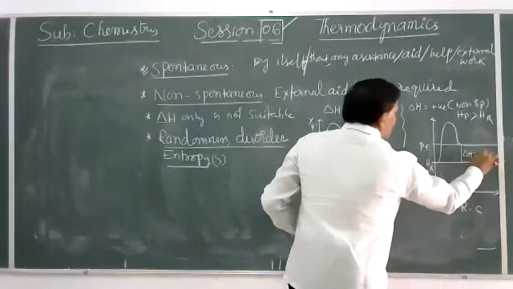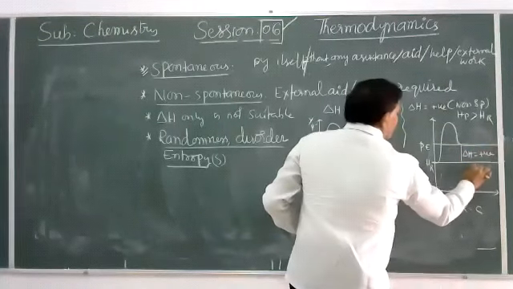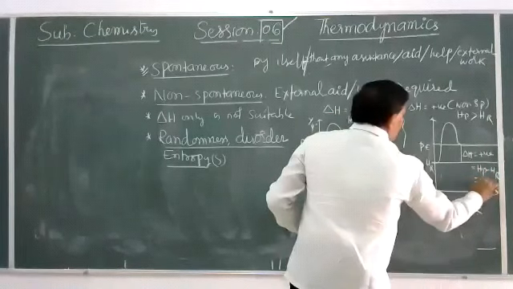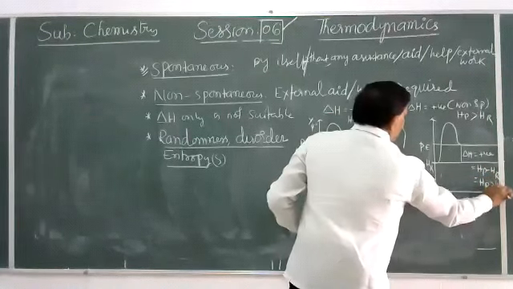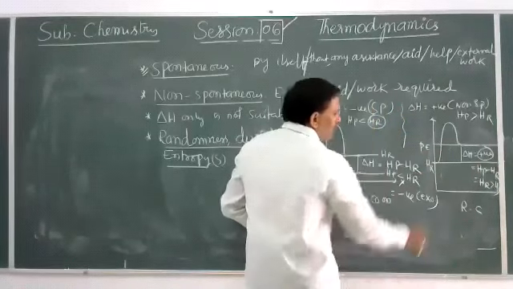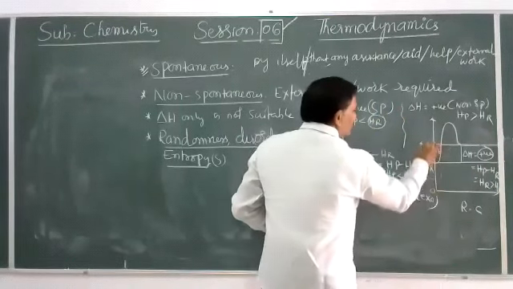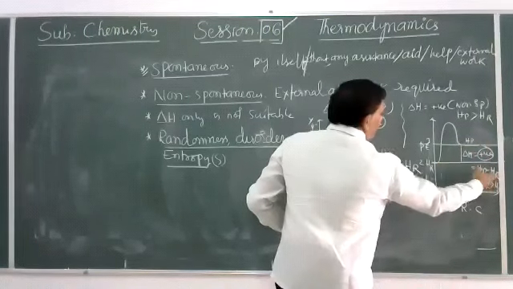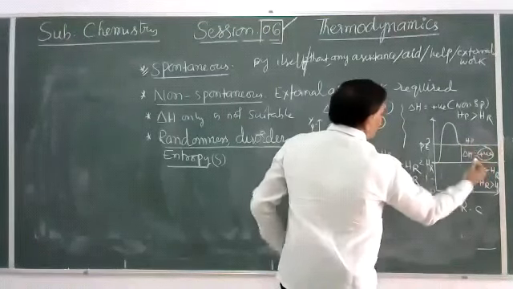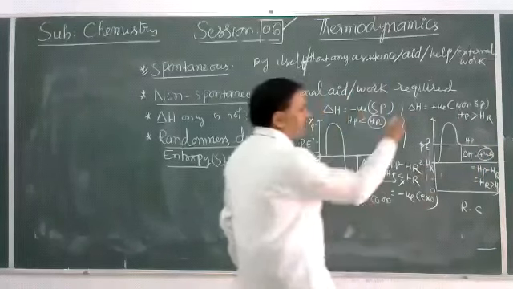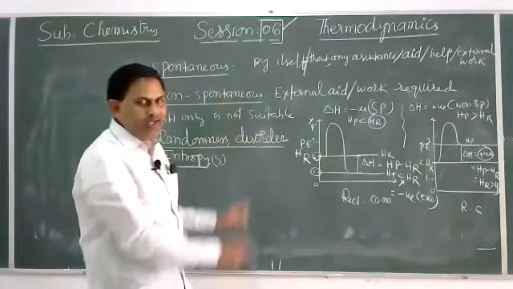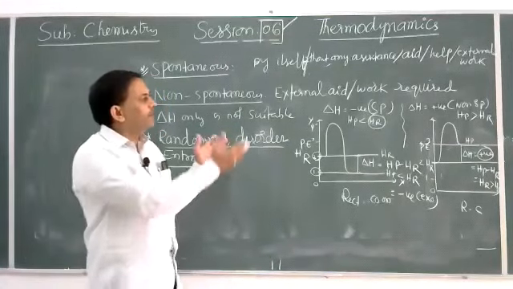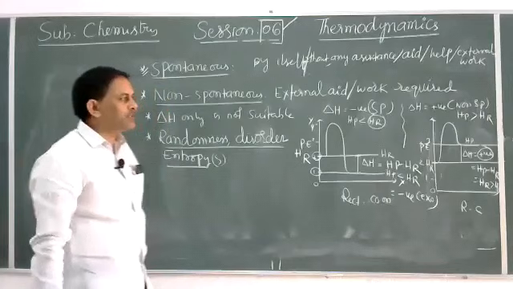Delta H is a positive value, HP minus HR. Here HP is greater than HR, so we get a positive value. With 0, 1, 2, 3, the product value is more; 3 minus 1 gives 1, a positive value. That's why it is the endothermic reaction graphical representation. These are the two important graphical representations for exothermic and endothermic reactions.